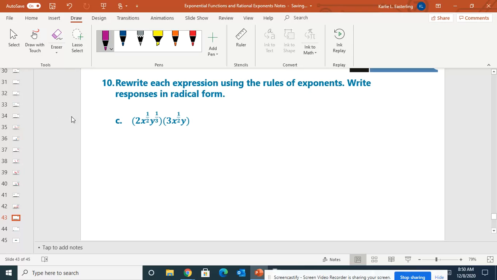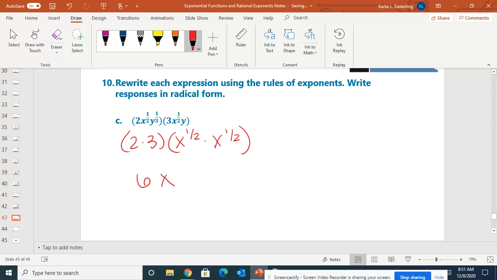Now, on this problem, I would use exponent rules, and I'm going to show you how to do it. When you're multiplying just regular numbers, like, for example, 2 times 3 here, you're going to get 6. Whenever you're multiplying x to the 1/2 times x to the 1/2, remember when you multiply, you add exponents.